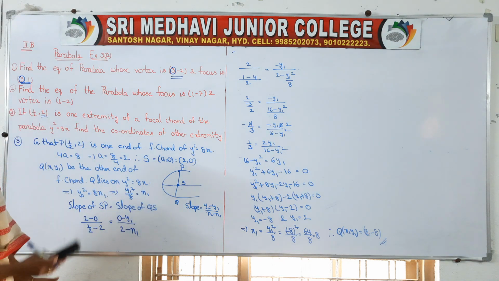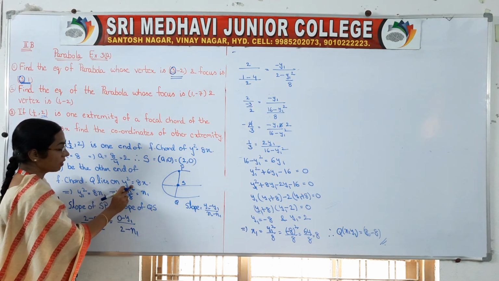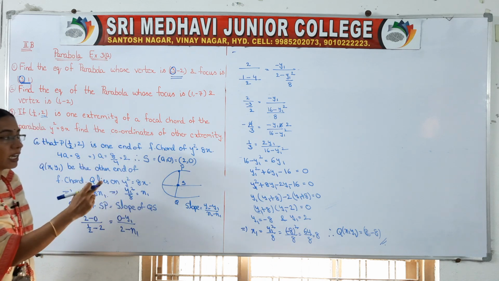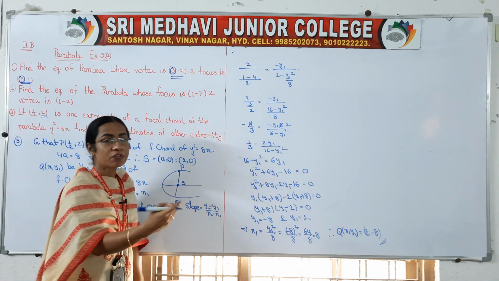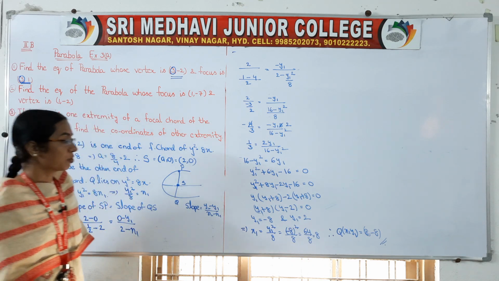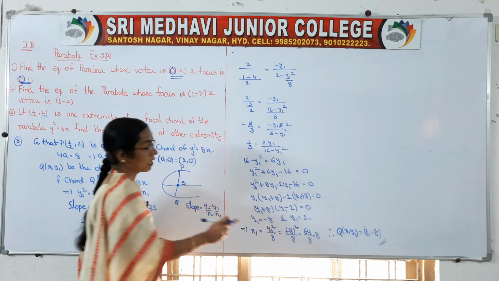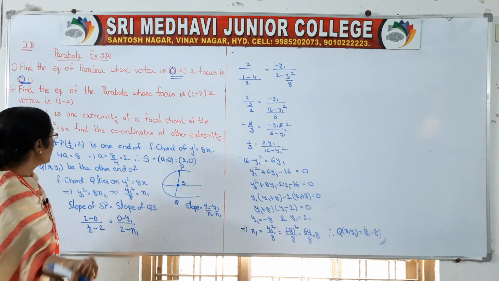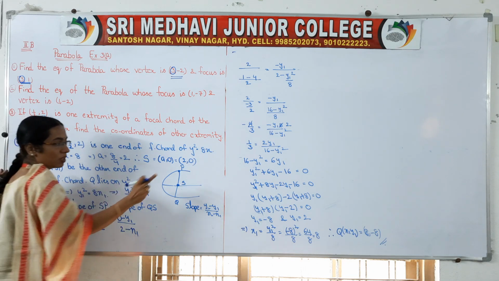Then we will get one equation, and in x1's place we have taken y1 square by 8, so that entire equation will be in terms of y1. With that we can get our y1 value. So one y1 value is minus 8 and another y1 value is 2. We already have the 2 end points of the focal chord.